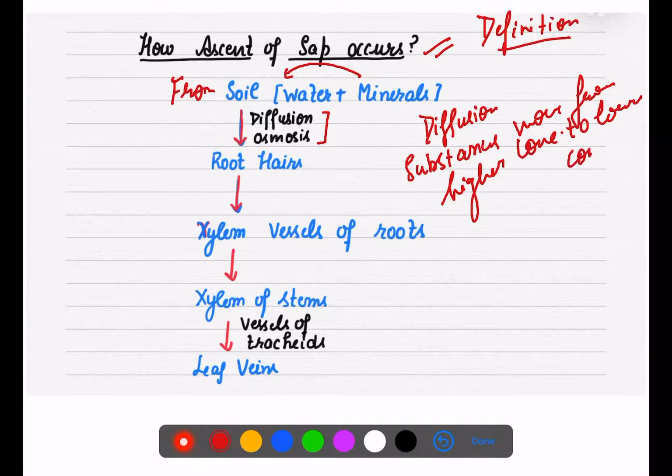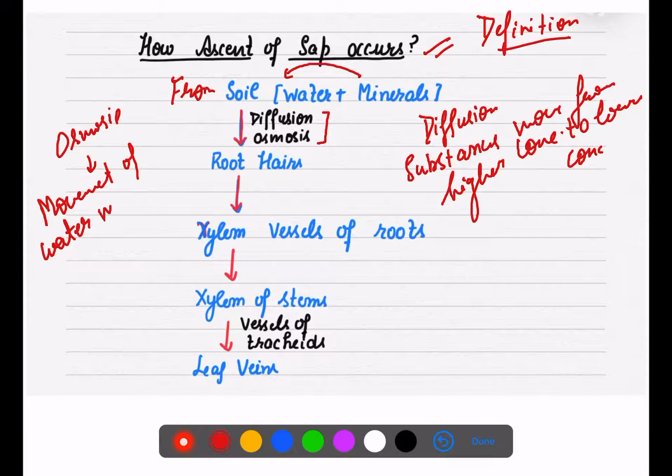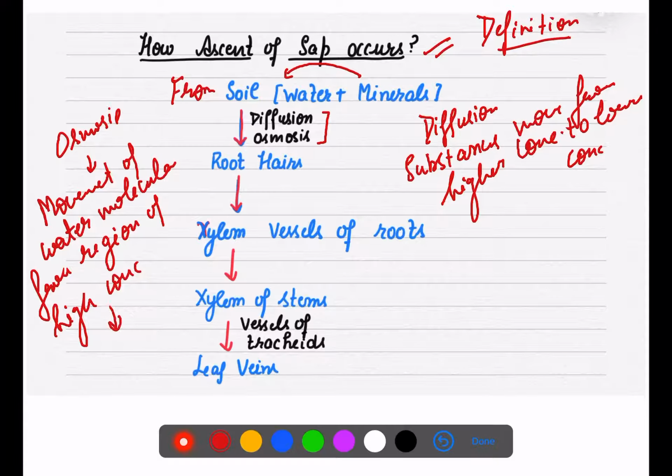What is osmosis? Osmosis is movement of water molecules from region of higher concentration to lower concentration. That is about diffusion and osmosis.